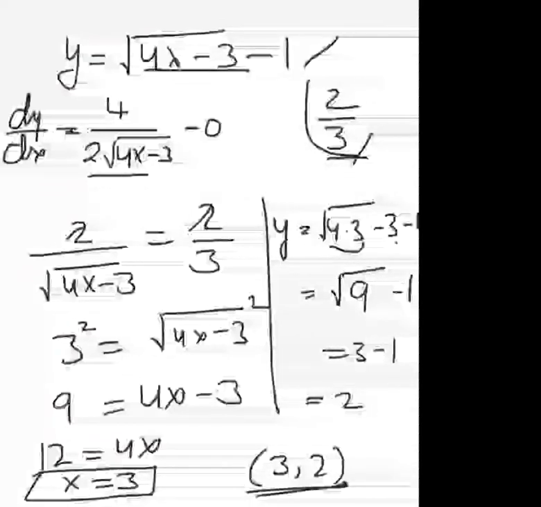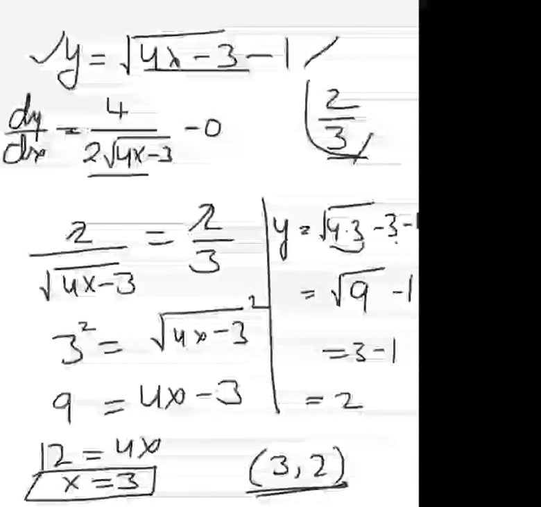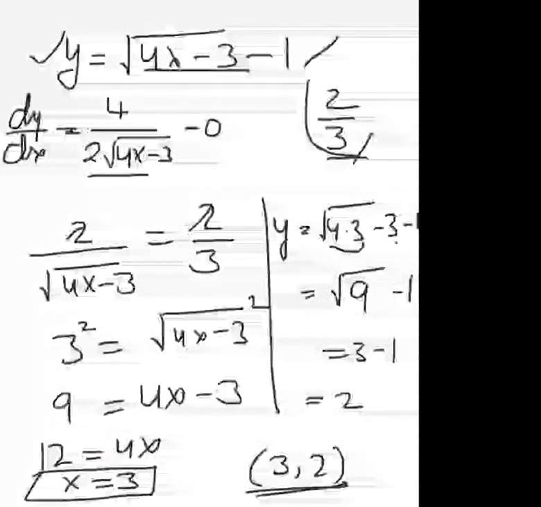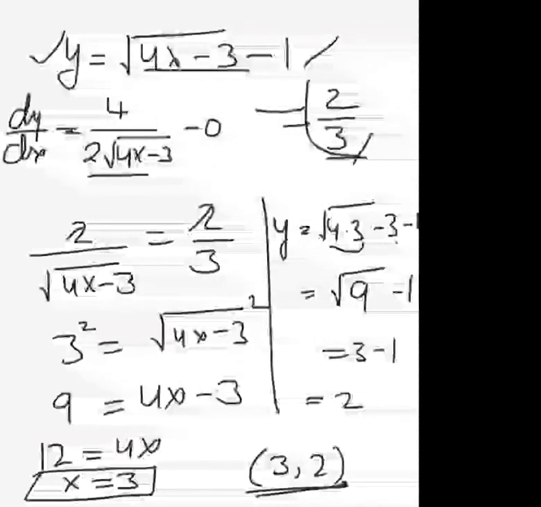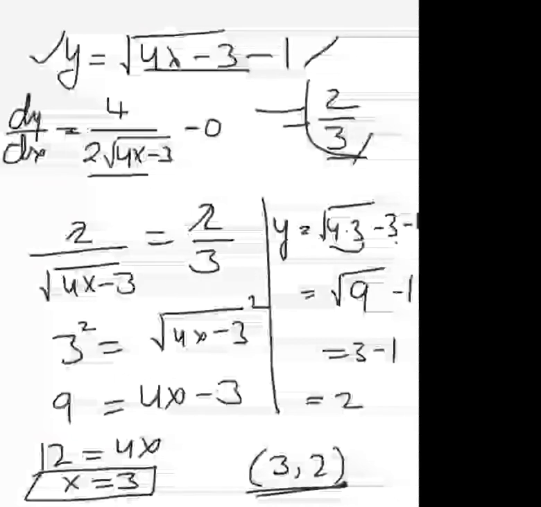At this point, if we make the tangent on this curve, then that will be parallel to the line whose slope is 2 by 3. It's a good question. Similar questions are asked in the board examination also.